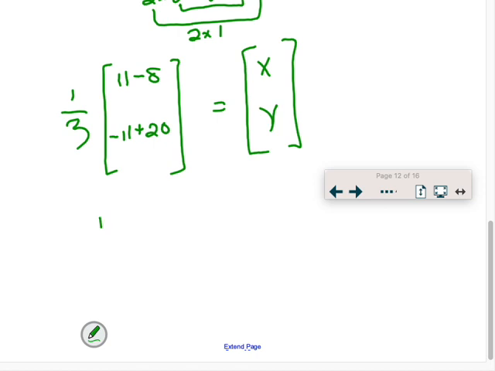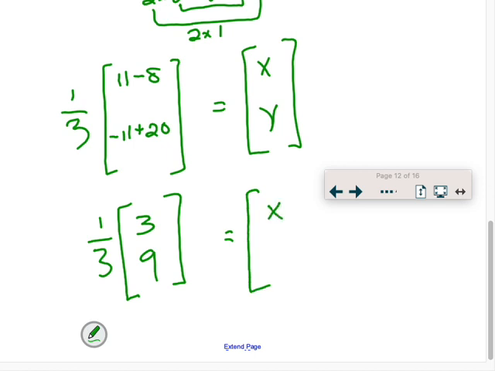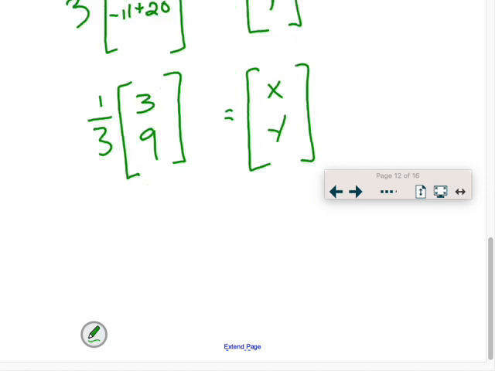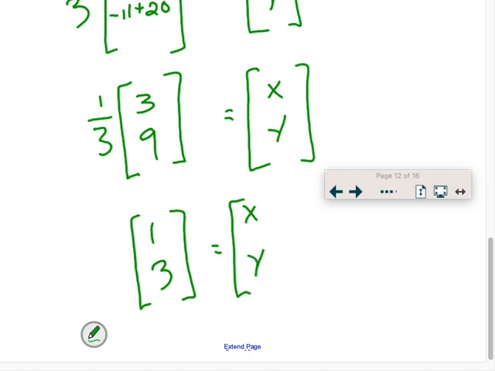So we're really dealing with 1/3 times 3 and 9. Now we're going to multiply that scalar in, so 1/3 times 3 leaves us with 1, and 1/3 times 9 leaves us with 3 here.